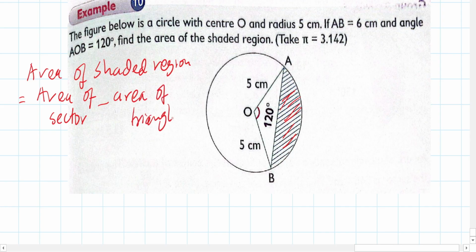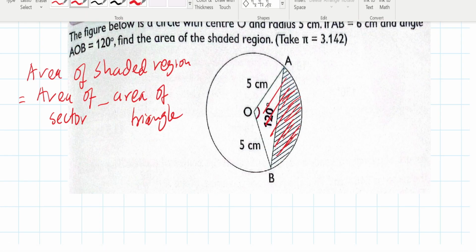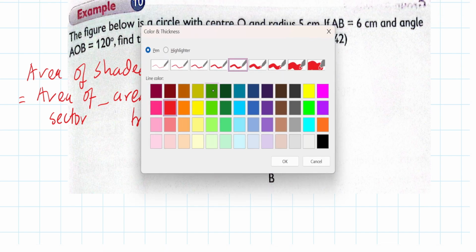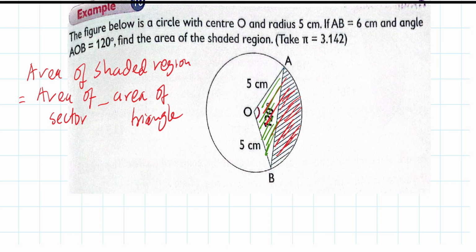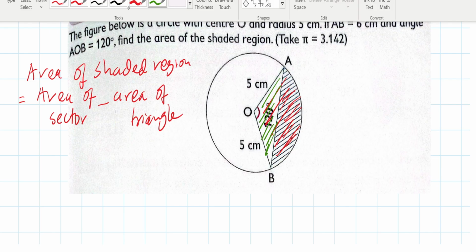Because if you were searching for the whole of this, and let me use a different color so that you guys can understand, if you are searching for the whole of this and you subtract this area, then you get the remaining part, and the remaining part is this shaded region that we have there.